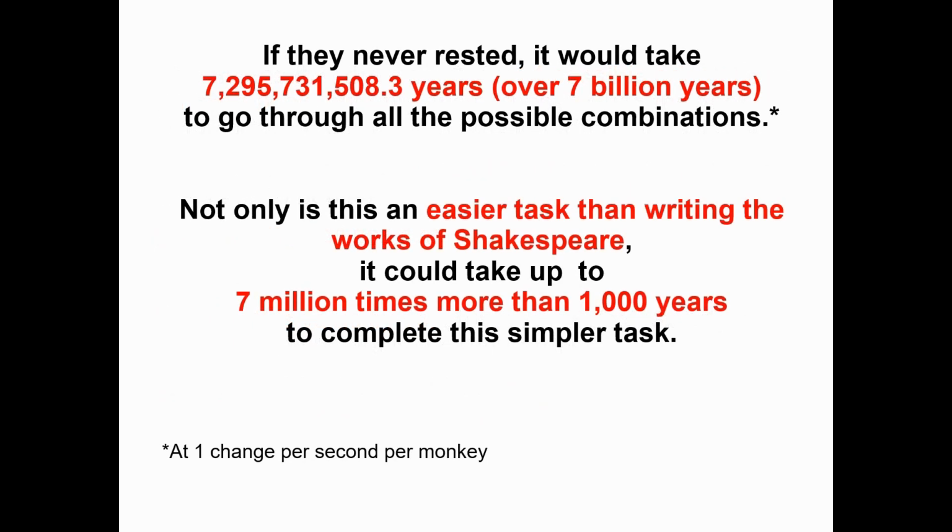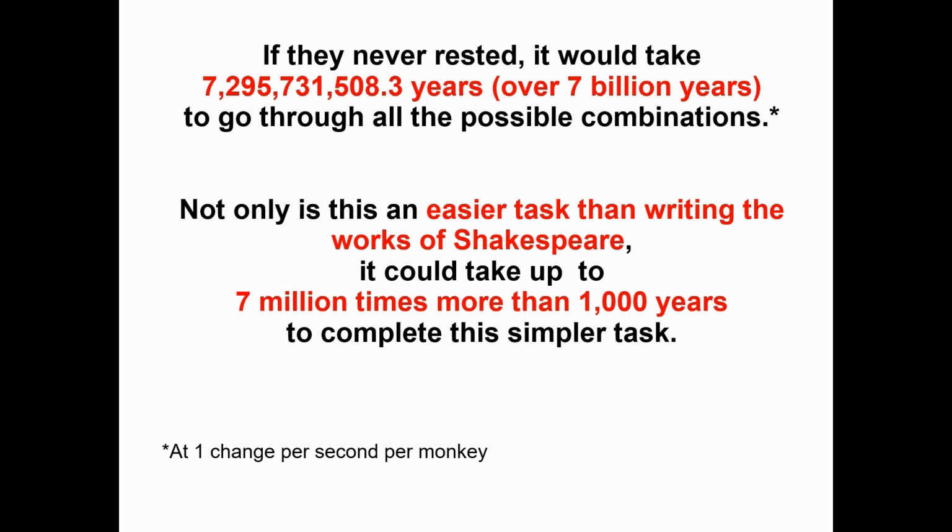If they never rested, it would take over 7 billion years to go through all the possible combinations at 1 change per second per monkey. Not only is this an easier task than writing the works of Shakespeare, it could take up to 7 million times more than 1,000 years to complete this task compared to the original 1,000 monkey theory.